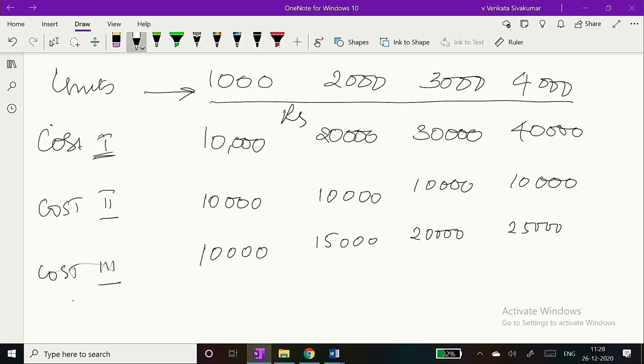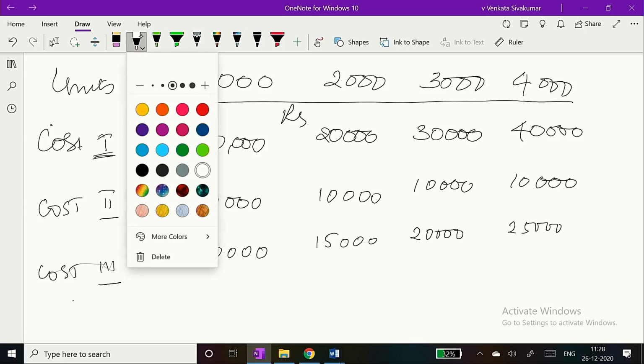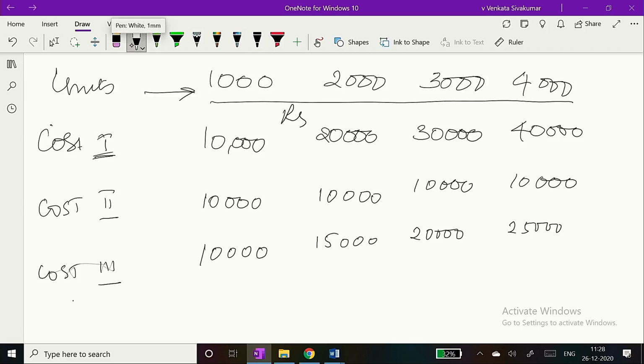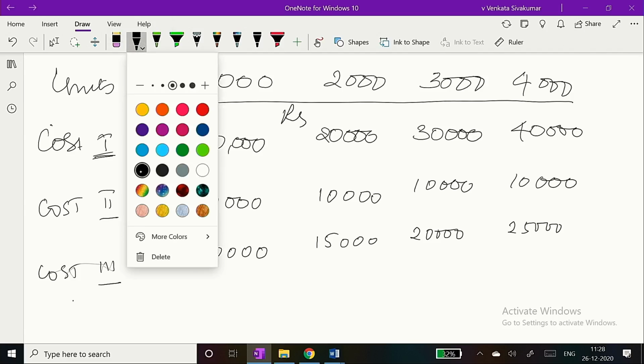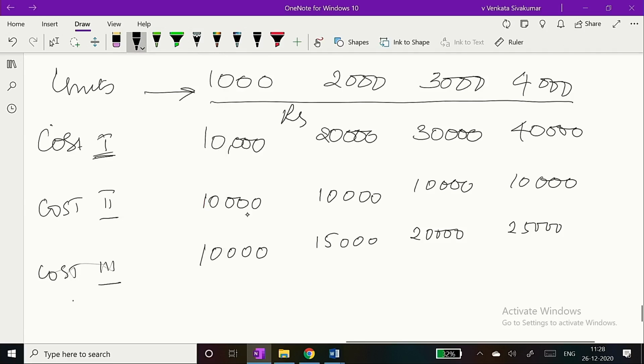That is point 1. Per unit cost, how much? 10. This is 10 rupees per unit.